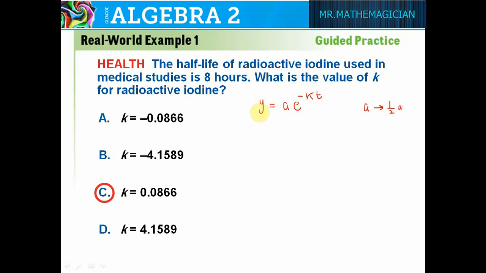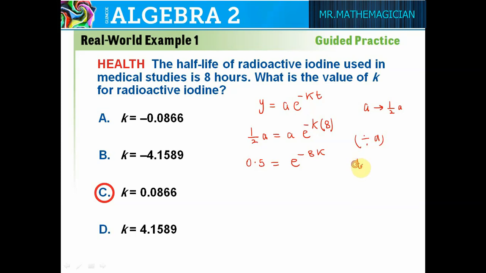So I can replace y with half A equals A e to the negative k and time after 8 hours, so it's in hours, no worries. Now let's divide by A on both sides, and we can write the half as 0.5 equals e to the negative 8k.